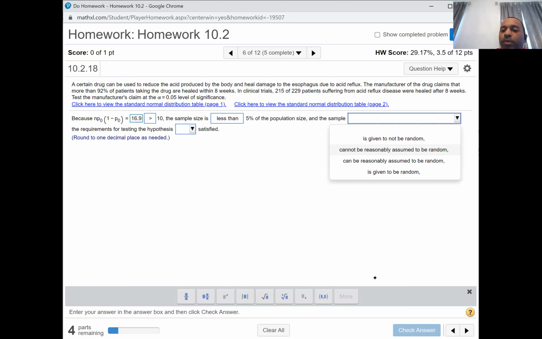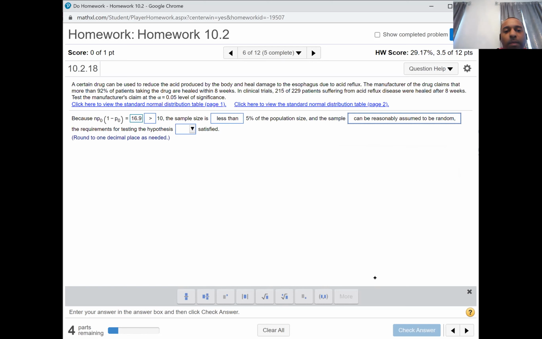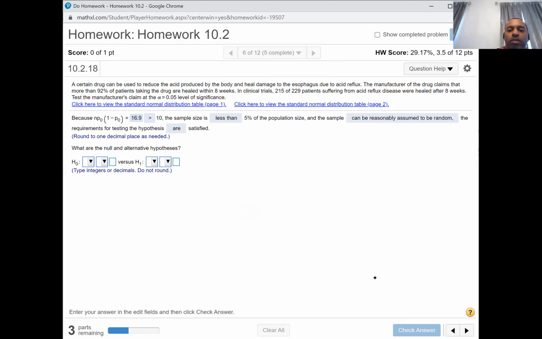And then the sample can be reasonably assumed to be random. And that means that the requirements are satisfied. So I just want to show you the wording there.